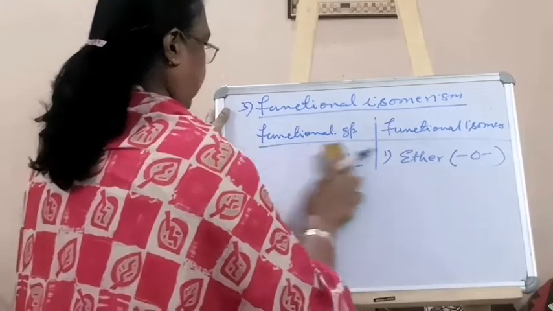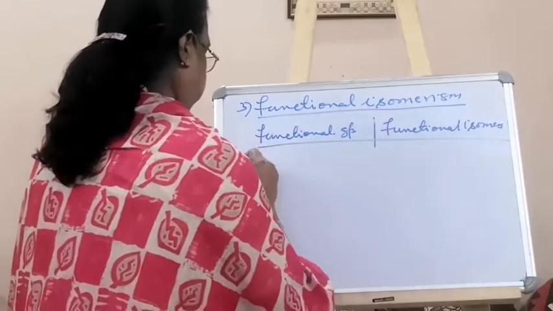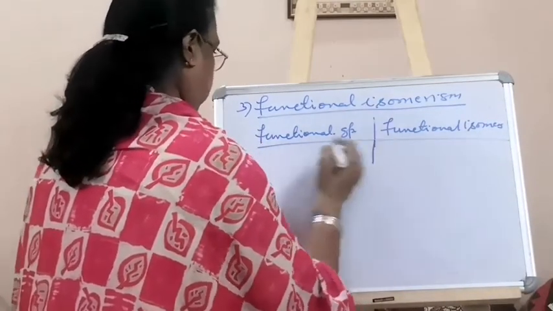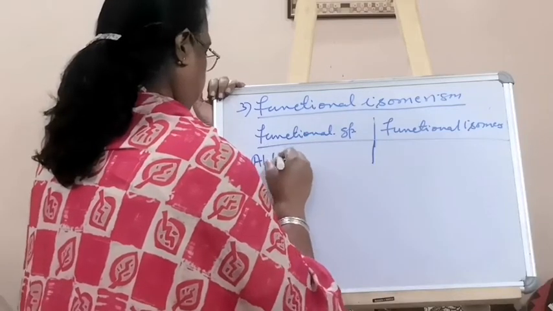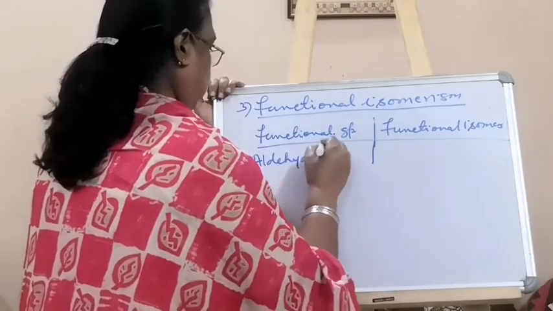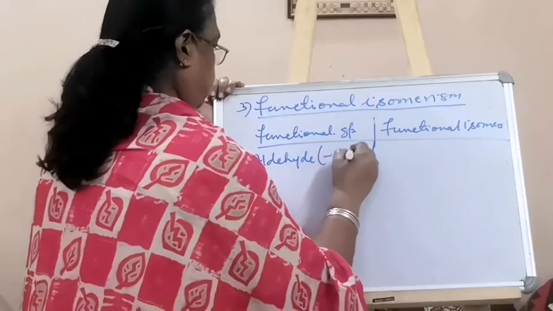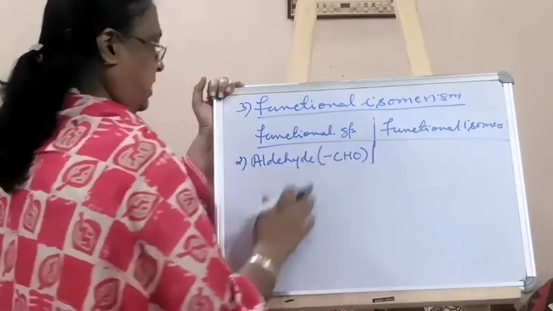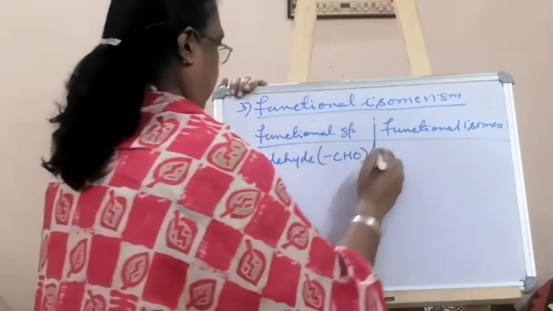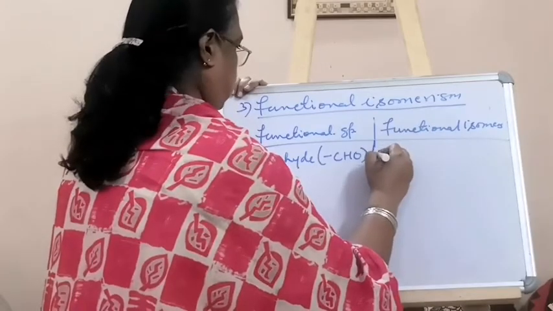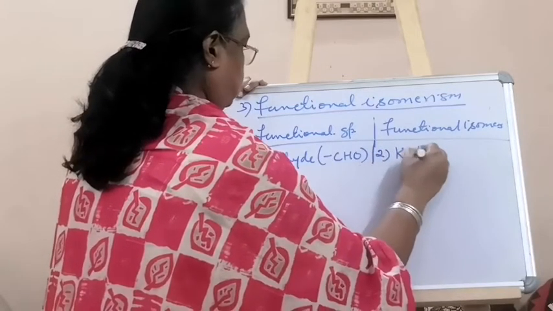Okay, the second example is aldehyde. Aldehyde is your CHO, with ketone.